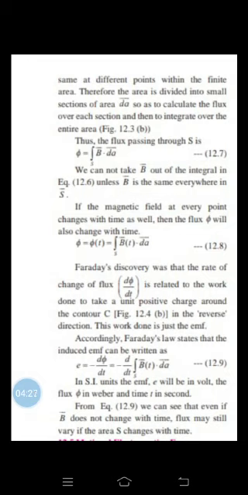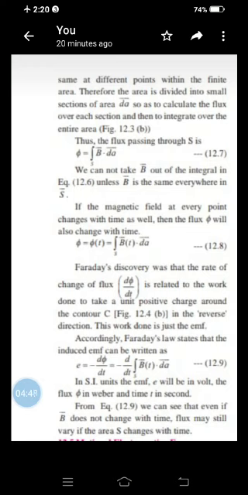It is changing, and therefore the area is divided into small sections of area dA bar so as to calculate the flux over each section.